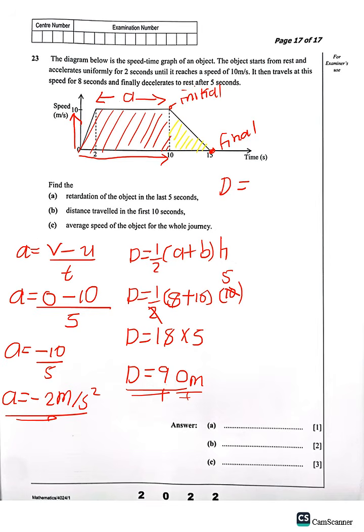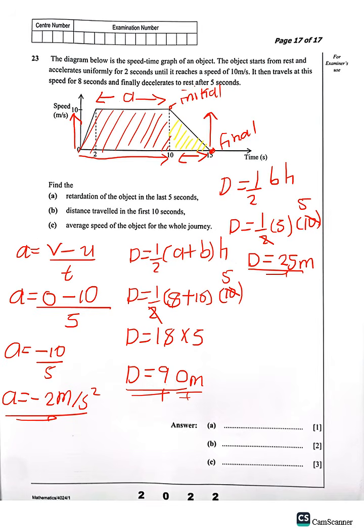This is a right angle triangle, so the formula is half BH. So half, the B is the difference between 10 and 15. So this is 5. The height is from here up to here. We know it's 10. So 5 times 5 is 25 meters.